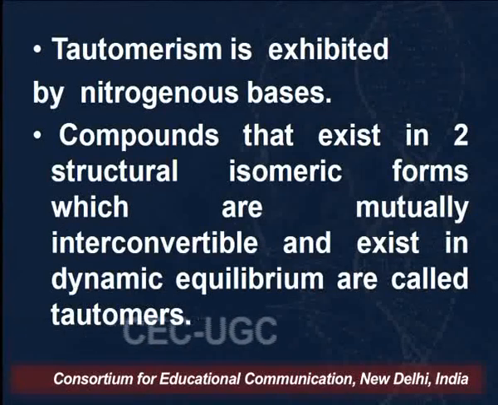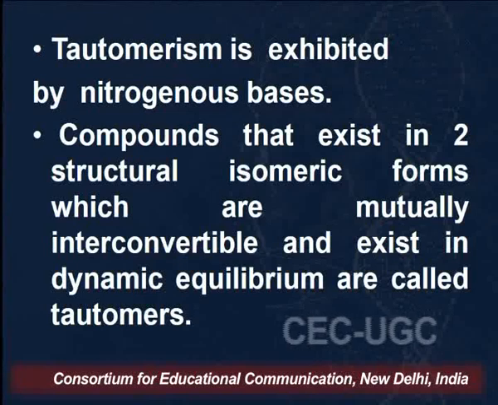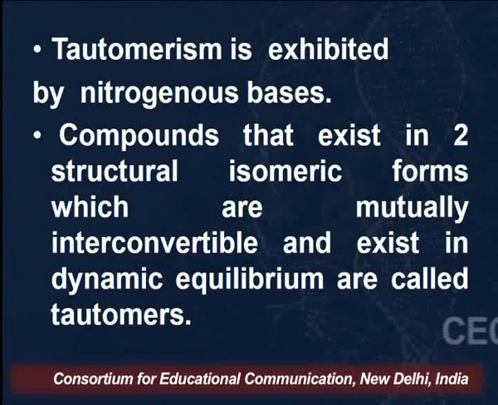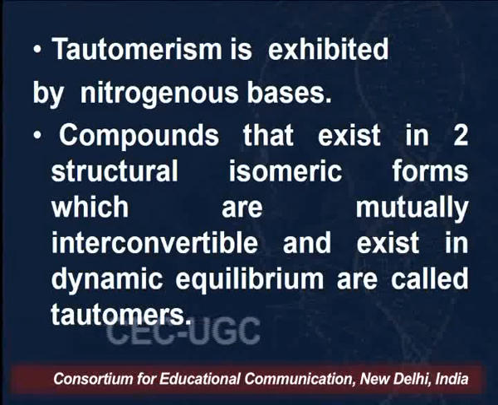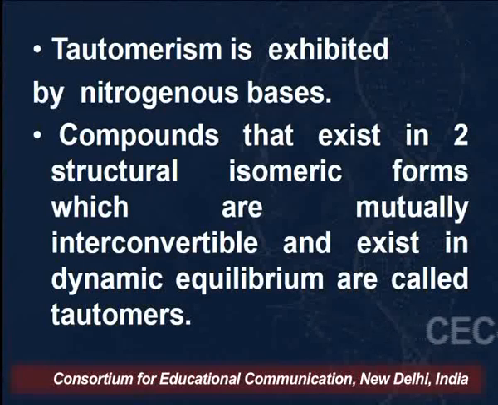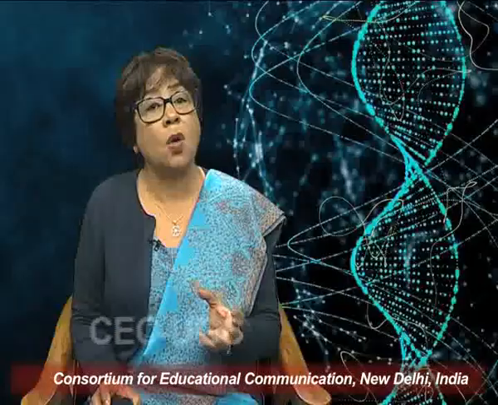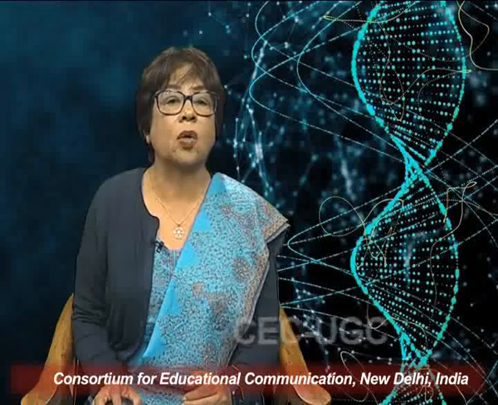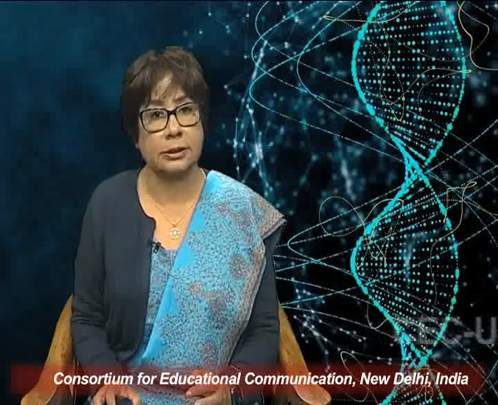Now what we find is that these pyrimidines and purines will exhibit tautomerism. What is tautomerism? Tautomerism is a very important type of isomerism. It is a structural isomerism in which the compounds can exist in two structural isomeric forms which are mutually interconvertible and exist in dynamic equilibrium, and these are called tautomers.